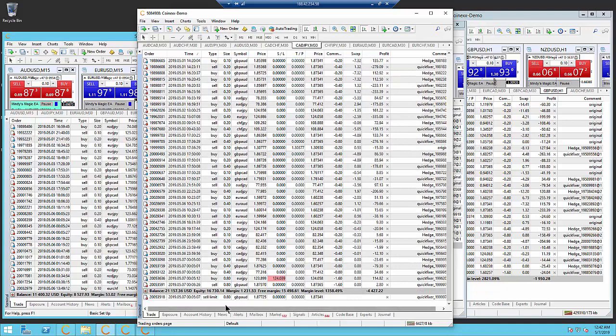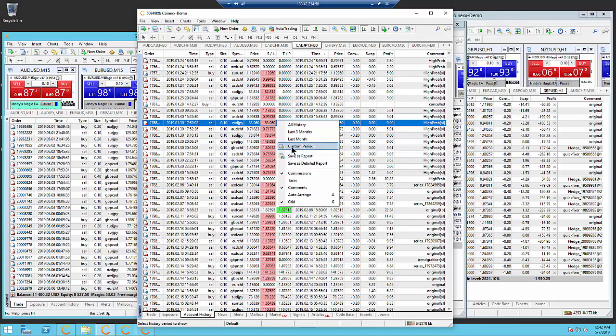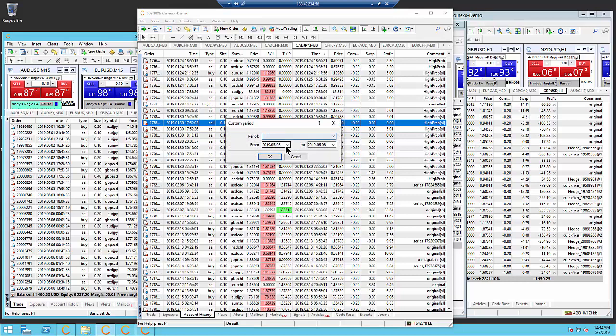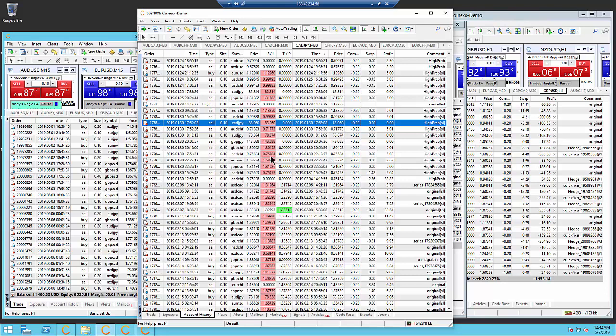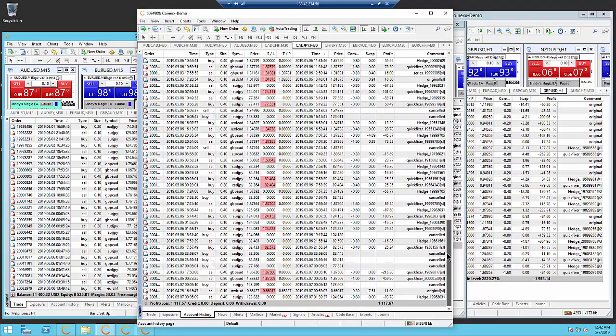Now what we're going to do is go over to the account history, and again I'm going to sort this so that the only history that we're going to see is the history from when the market started trading this week, which was Sunday at 4 p.m. And so this is the history for so far this week, one trading day.